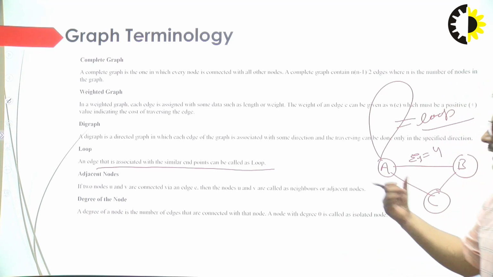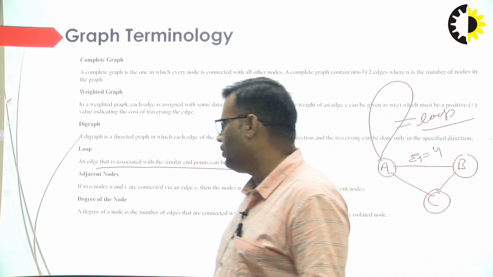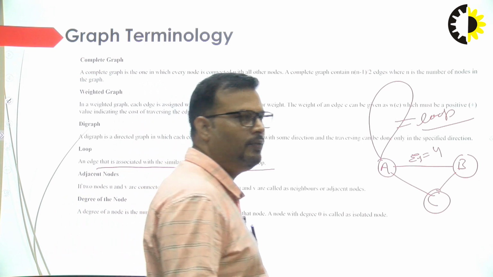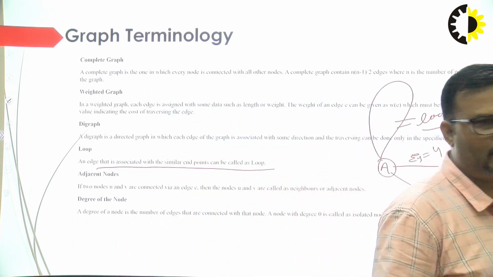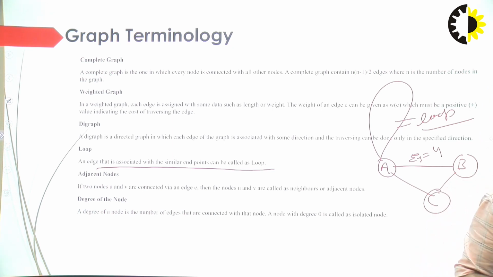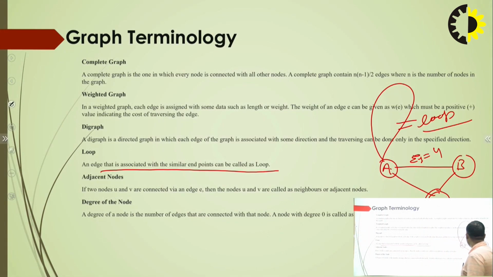Okay, adjacent nodes. If two nodes are connected with each other, then this is called an edge. But suppose that A to B, B to C and C to A. याद रखिए, A किससे एडजेसेंट है?